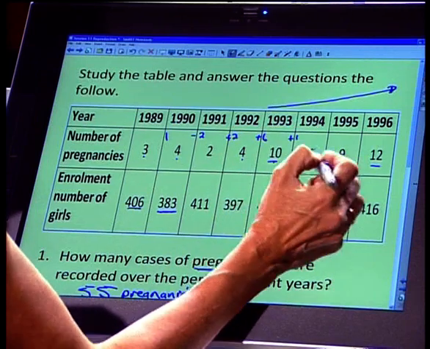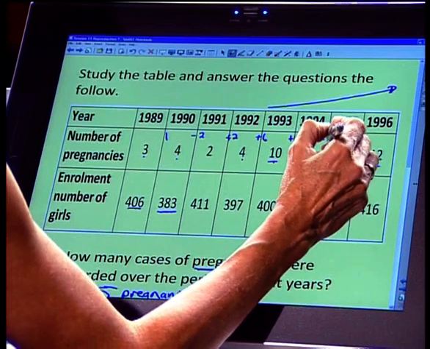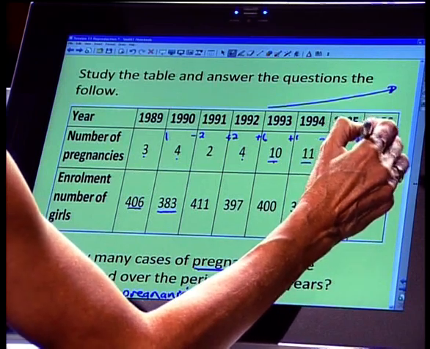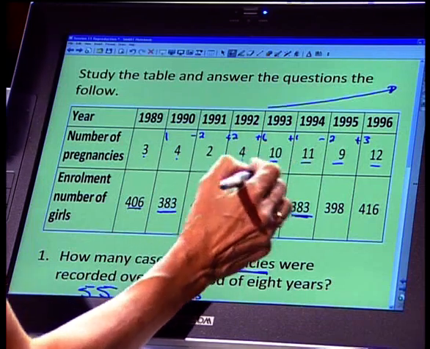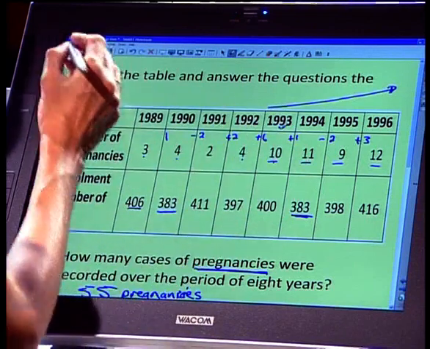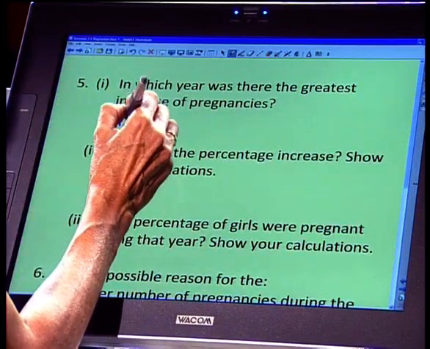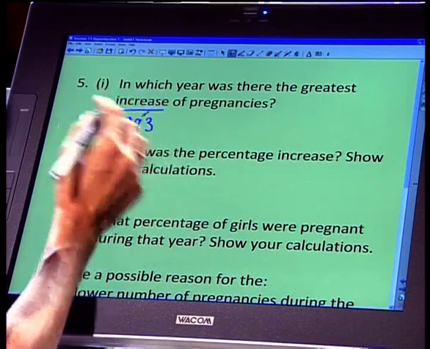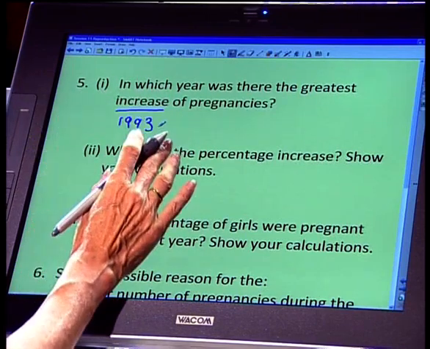So it's going to be 1993. And there also, people, you're just reading straight off the graph.